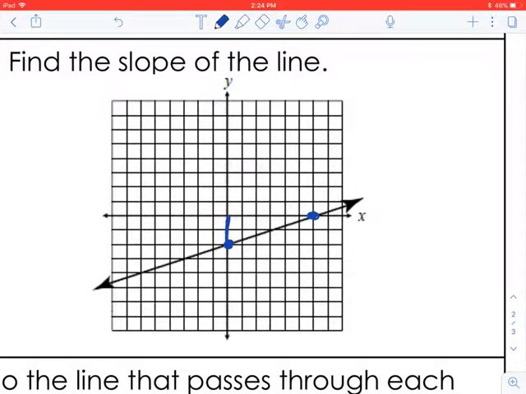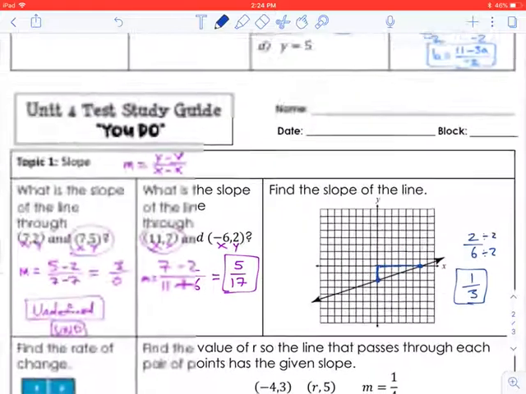We should end up with the same answer as long as we simplify. So I've got 2 for the rise, and then it's over 1, 2, 3, 4, 5, 6. And since it's going uphill from left to right, I have a positive, so I can go ahead and divide both of those by 2, and my simplified answer is 1 over 3. Okay.